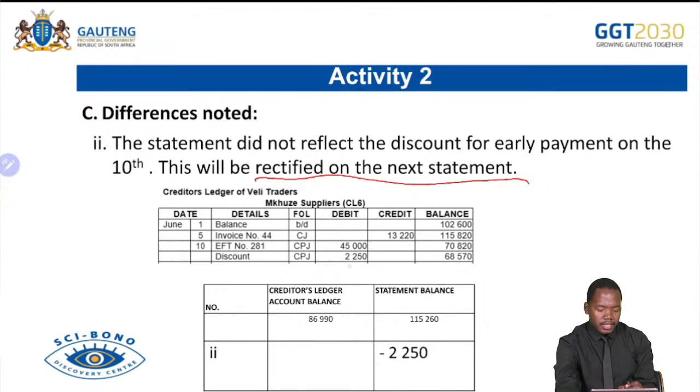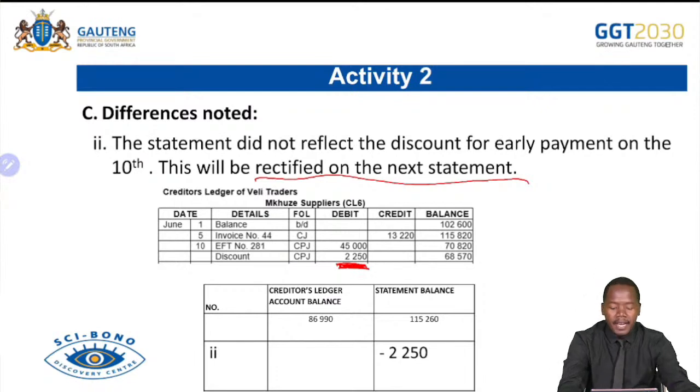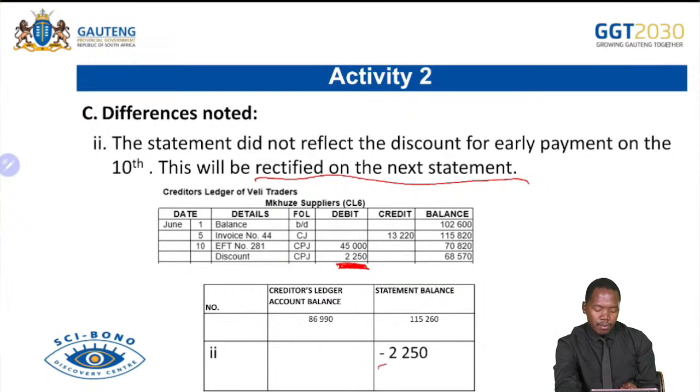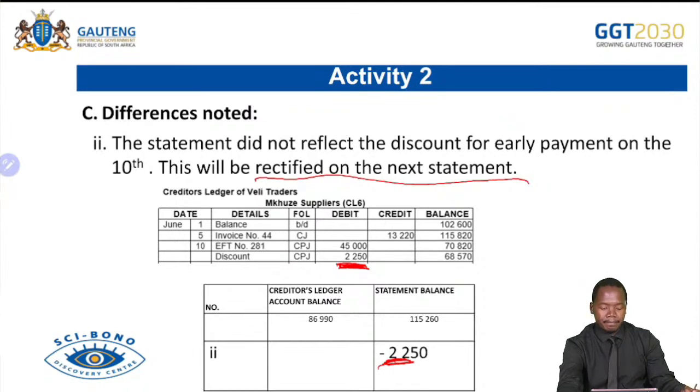Now, as you can see, the 2,250 becomes our discount. It's saying that the supplier did not record this. So we must correct it for them. How do we correct? Remember, discount will decrease the balance. So therefore, we record putting a minus sign. Why a minus sign? Discount decreases the balance.